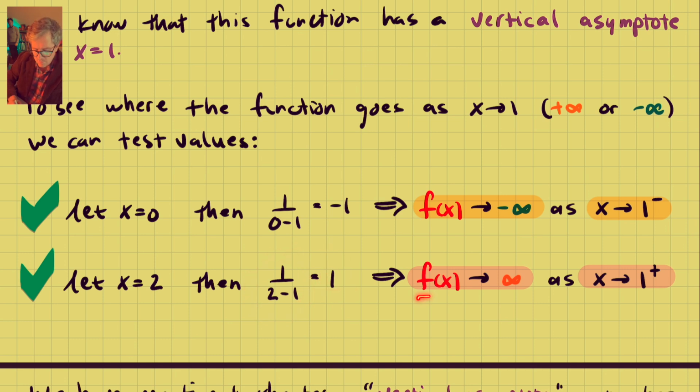And so that's going to tell me that the function approaches positive infinity as x approaches 1 from the right-hand side. Okay? And so that's a simple way to test whether the function goes to infinity on both sides, positive or negative, whatever. Right? So you can just test values near your limit point. Very good.